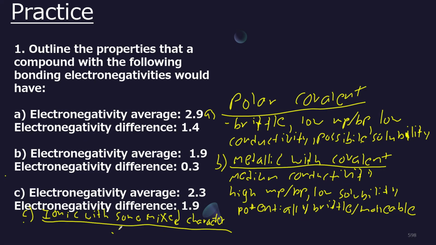So we can say brittle, low conductivity, possible solubility. Ionic are usually soluble, but as they get more covalent or metallic character, they become less. So we can't really say.